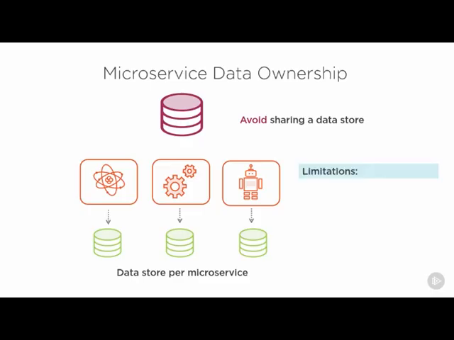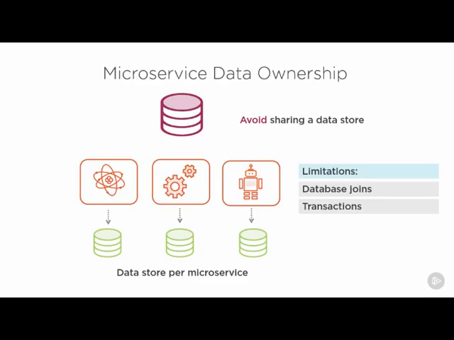Now, there are some obvious trade-offs here. By splitting our data out, it means that we can no longer perform database joins across the data that's owned by two different microservices. Instead, we're going to have to make separate calls to each database. And we can no longer update two tables owned by different microservices within a single database transaction.